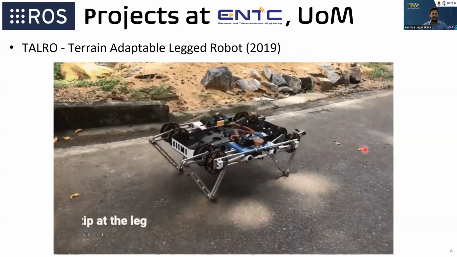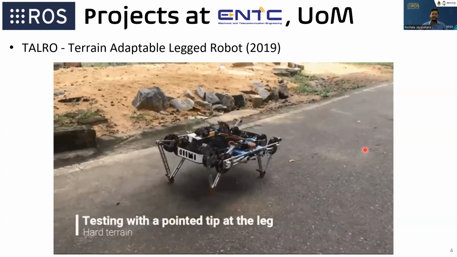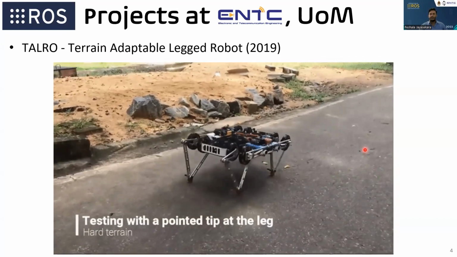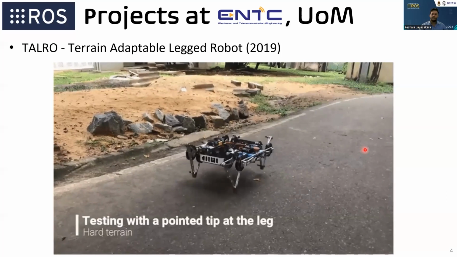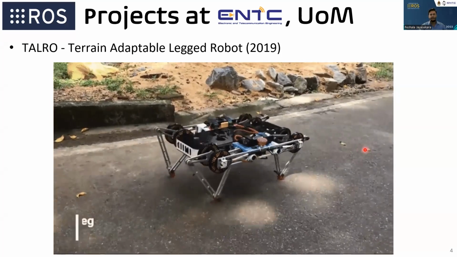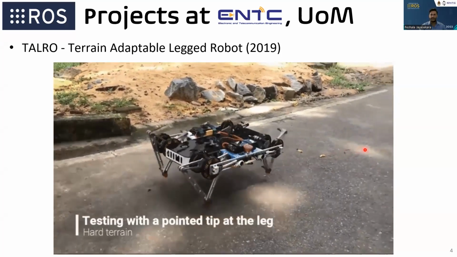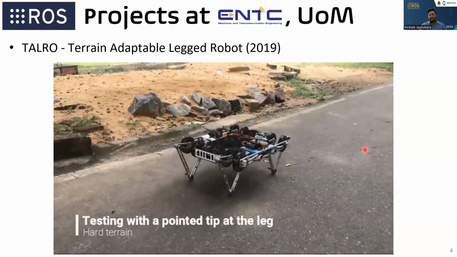This is called TALRO, or the Terrain Adaptable Legged Robot, built by one of the final year groups in 2019. We did this in collaboration with our mechanical engineering department, Brandix, and also CSIRO Australia.